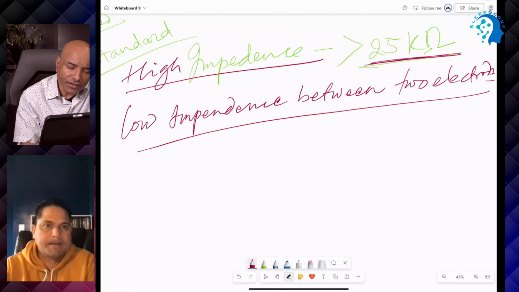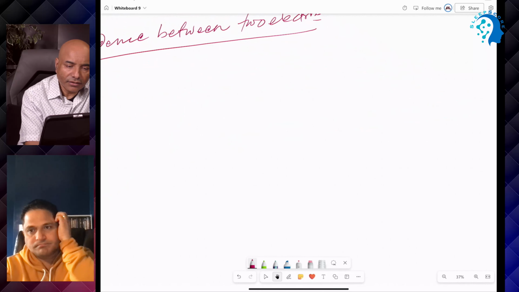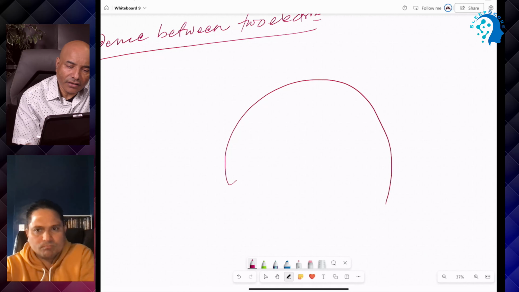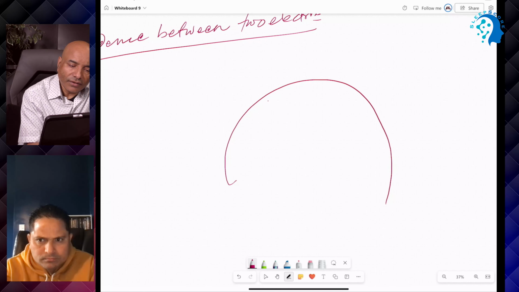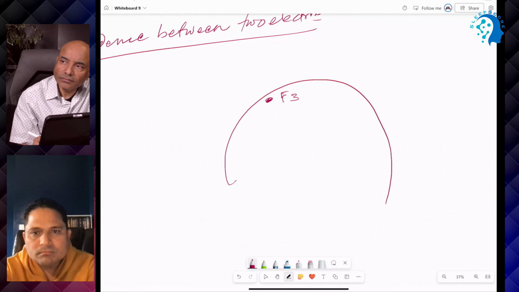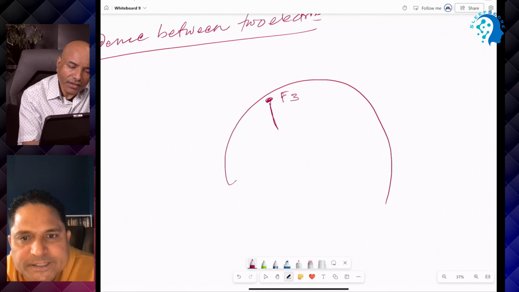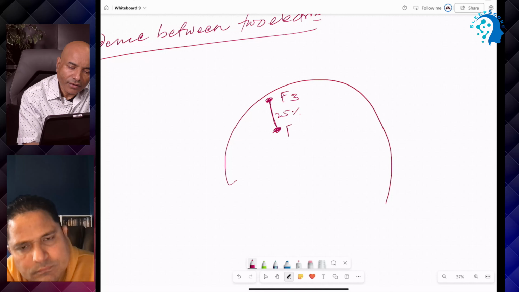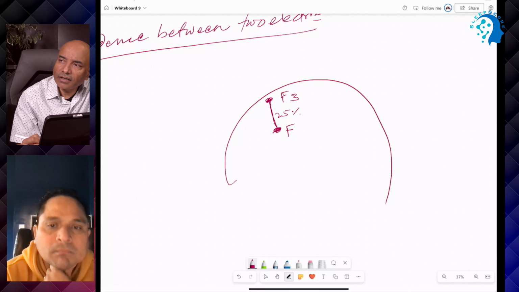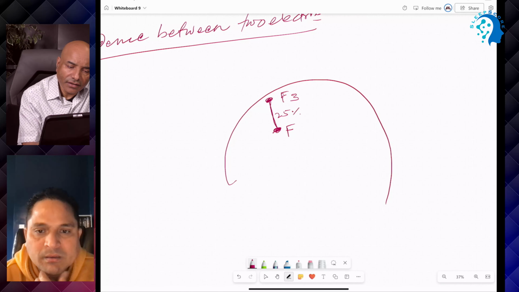So what happens is, this is the head. You have F3 here, and at 20%, 25% distance there's F, frontal, right? F3.